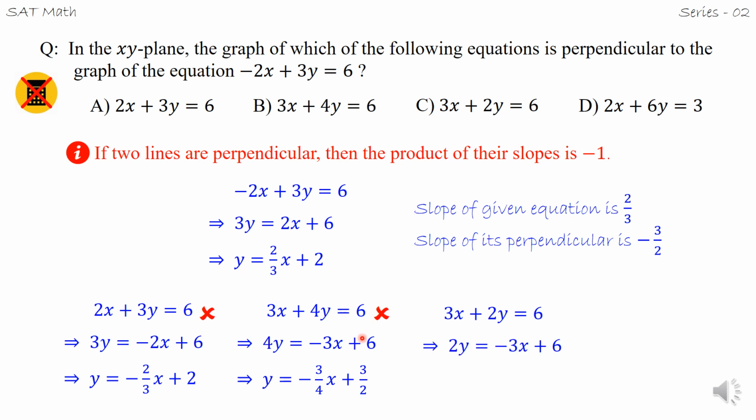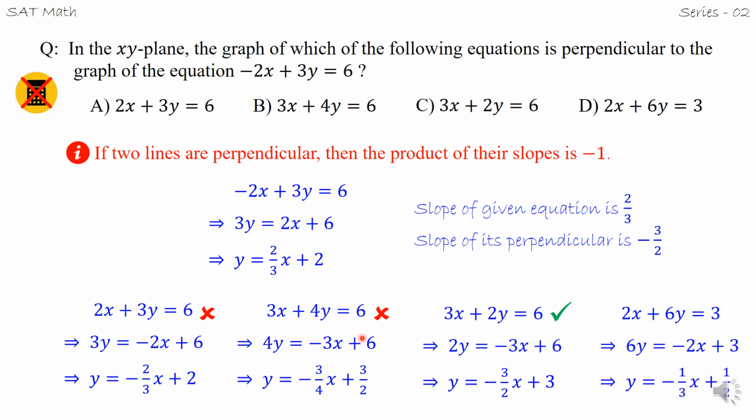Option C, it is -3 over 2, which is the correct one. Let us check the last one also. Here the slope is -1 over 3, which is not correct. So option C is the right answer.